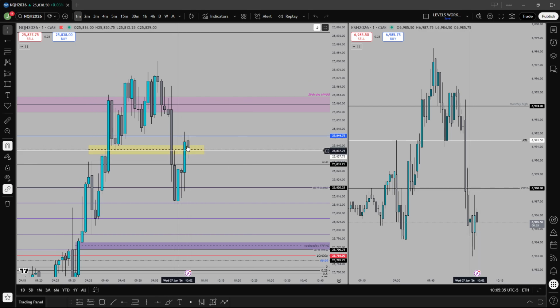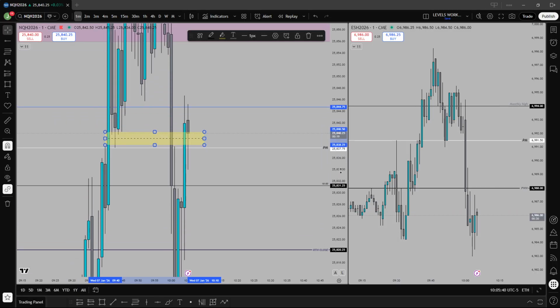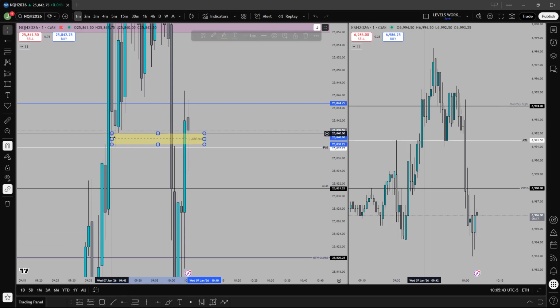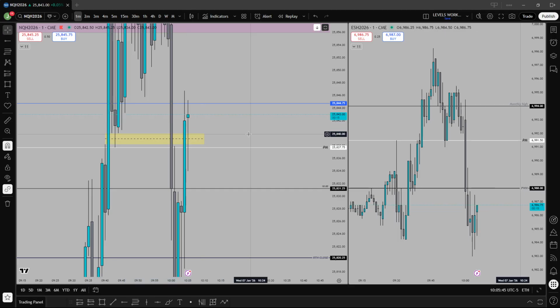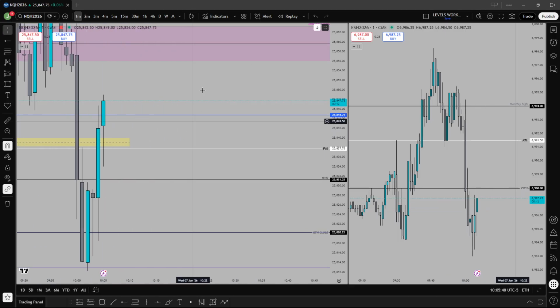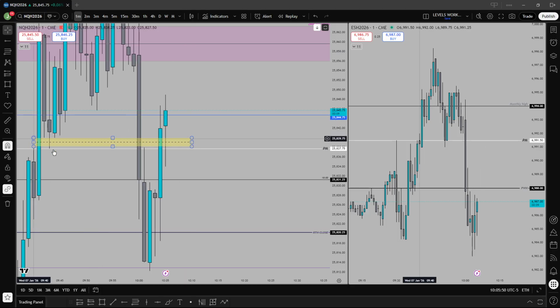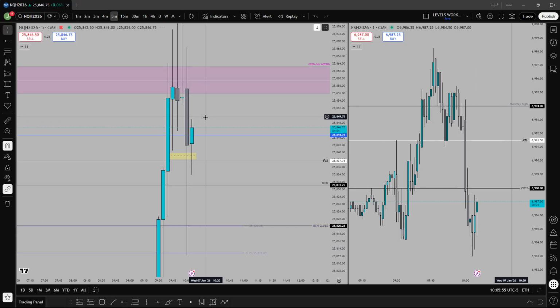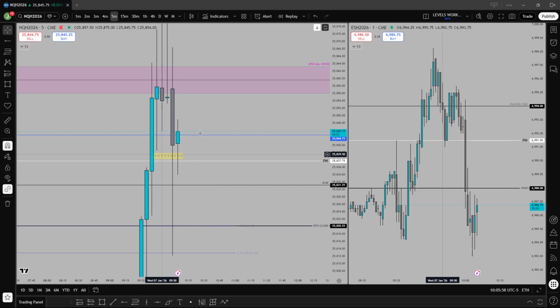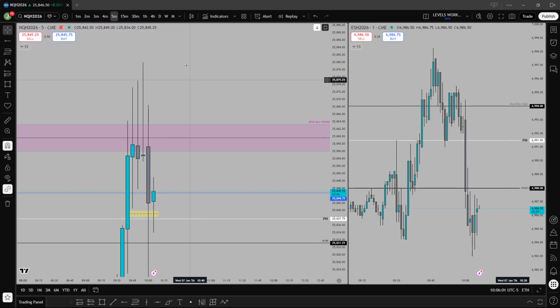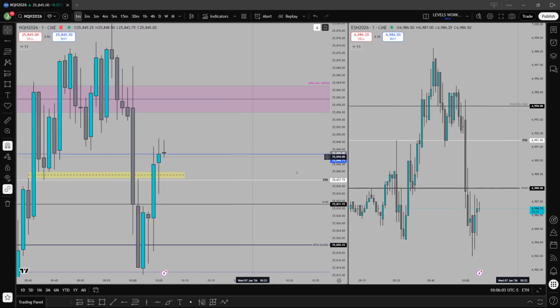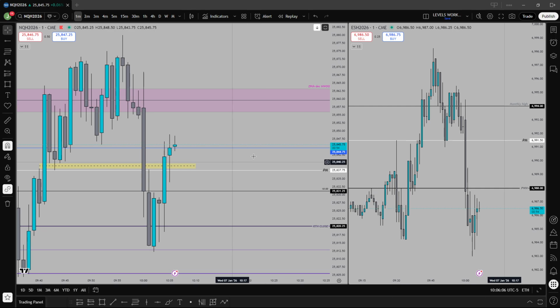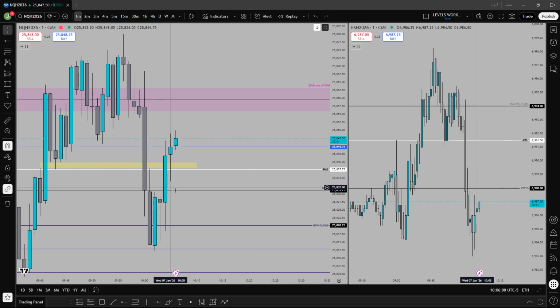Wanna see how price reacts to this 5-minute fair value gap? For precision, we can use this one too. This is a good rejection of this 1-minute fair value gap. Look for highs. I want price to keep this inefficiency open.